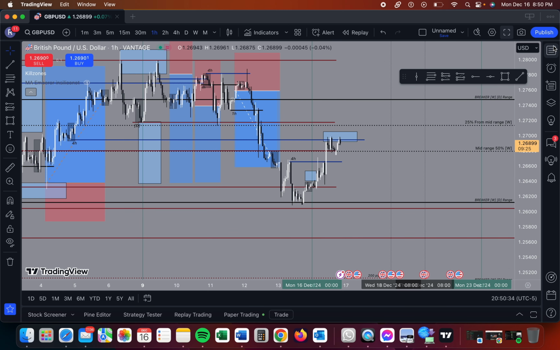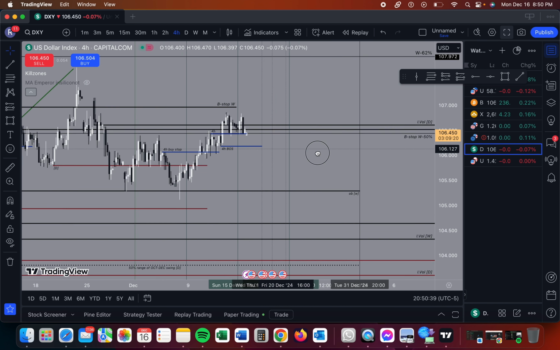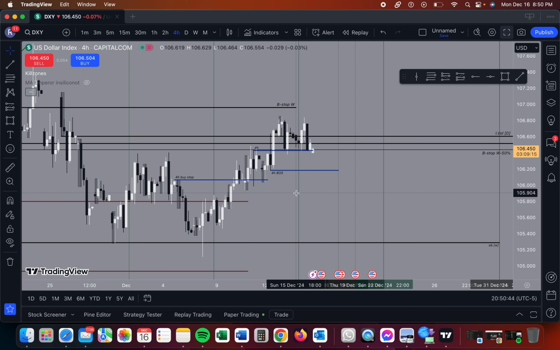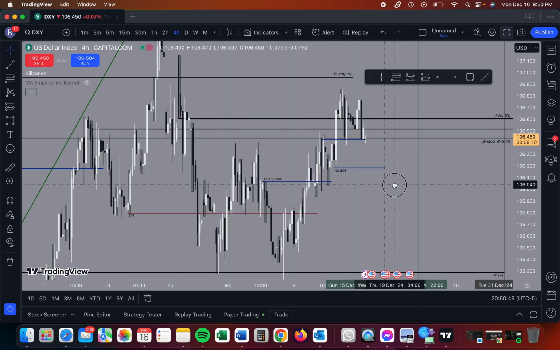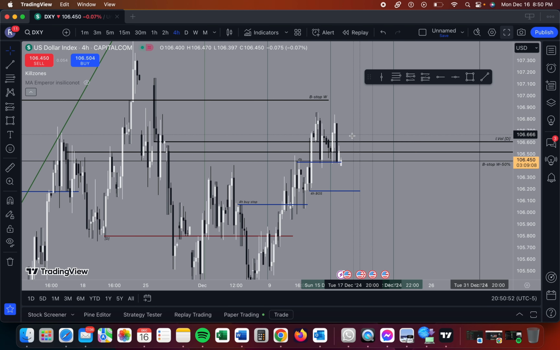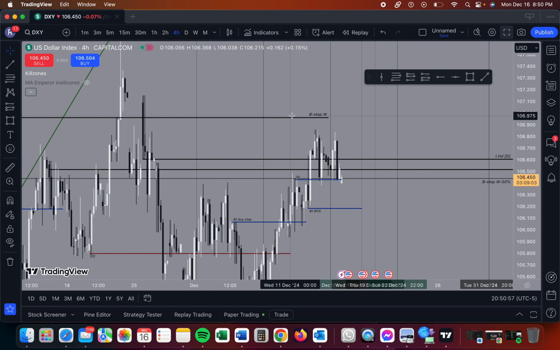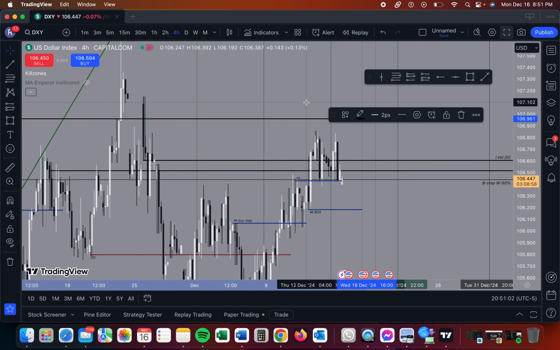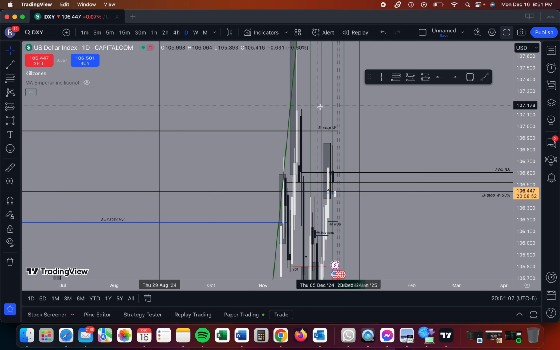For now, I'll check the dollar, what is happening, because I use the dollar as my base to see if I'm bullish or bearish on the British pound. As of now, the dollar is still bullish. I'm expecting this weekly buy stop to be taken, or it tries to reach this daily liquidity.